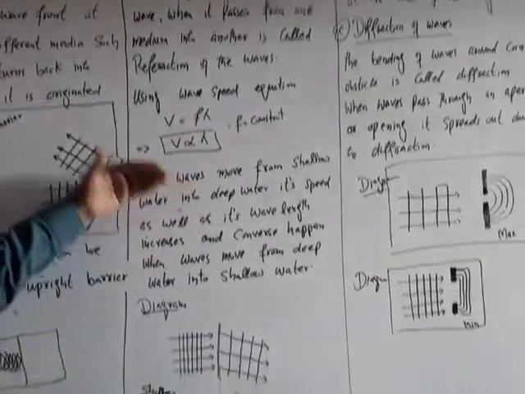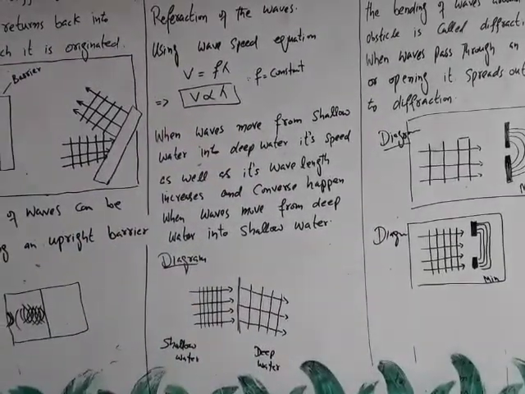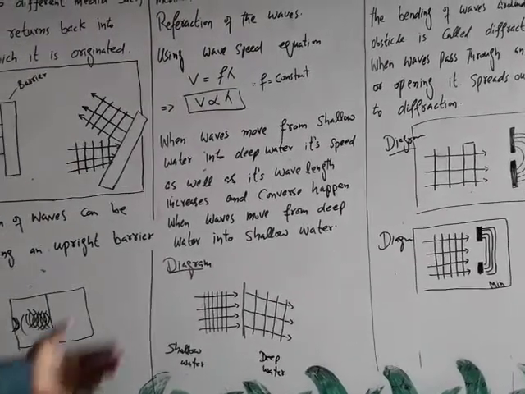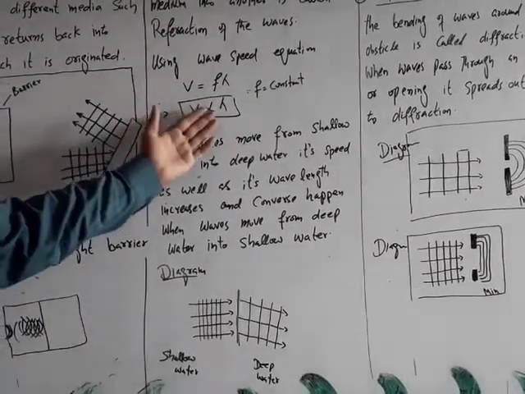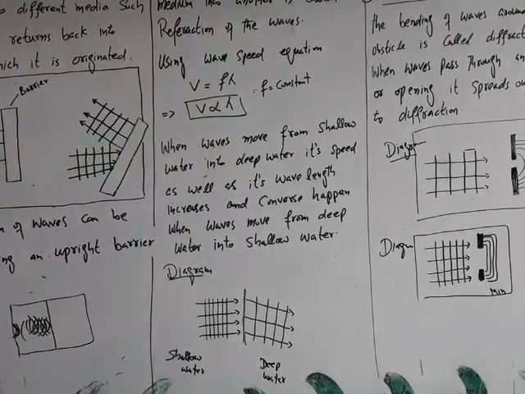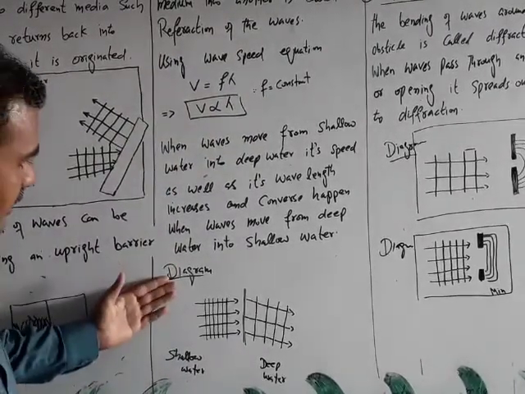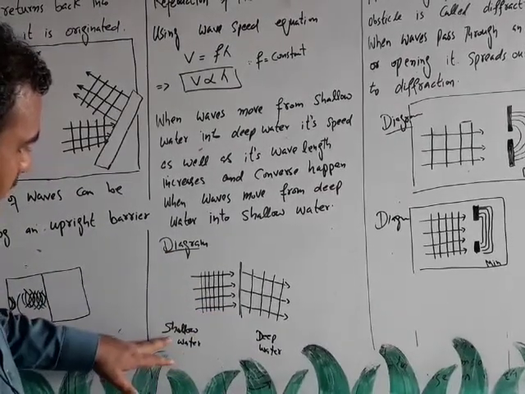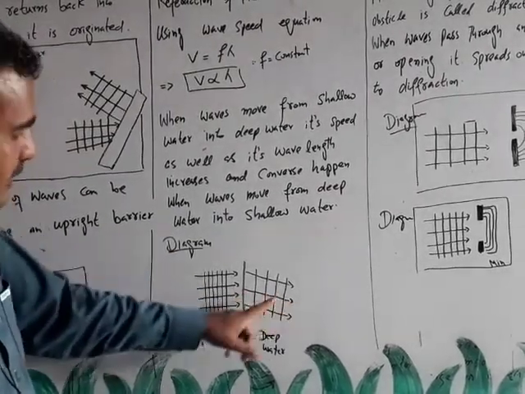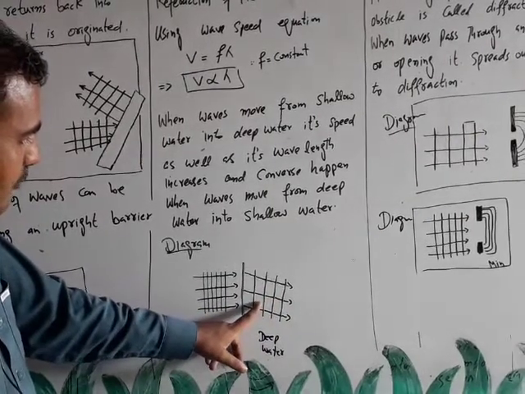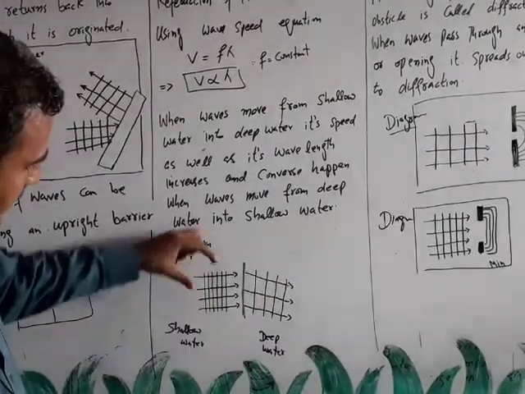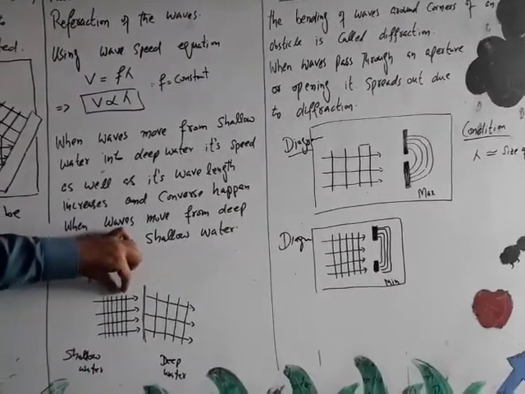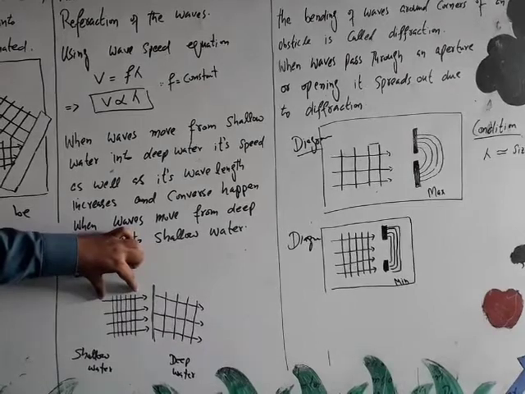So when waves move from shallow water into deep water, then the speed of the wave increases. So by this equation we can also say that its wavelength also increases. For example, considering the diagram here, if we consider that this is the incident wave which is moving from shallow water towards deep water, and this is the refracted wave, then here the wave fronts are close to each other, having smaller wavelength, and the speed is also smaller in this shallow water.